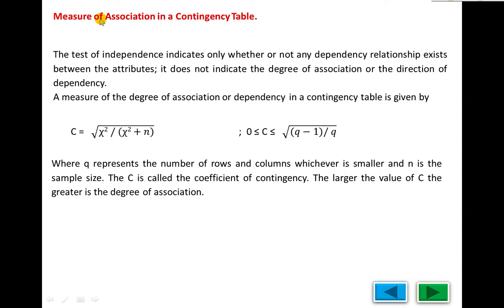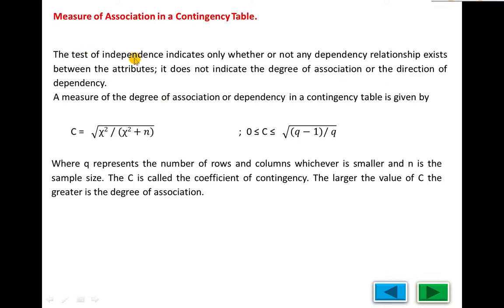We will measure the association in a contingency table. There are different methods, different formulas, for the measure of association. But for a contingency table, we use this formula. It is also called the coefficient of contingency.